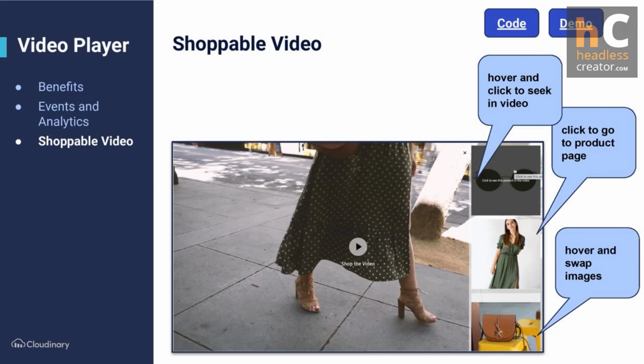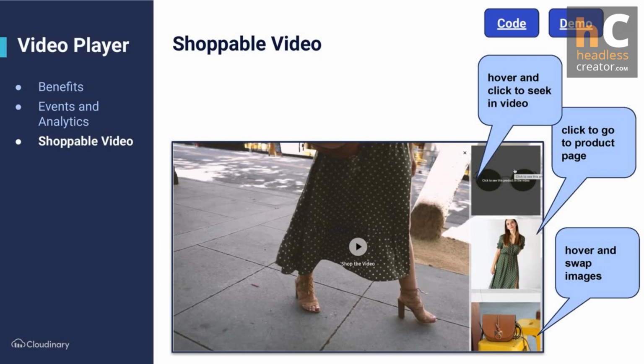Or let's say you're running a real estate agency and you're showing a demo of the house, and you're now at the living area, and at that instance you want the user to click and see all the other photographs of the living area. You can do that. So that's what this shoppable video does.